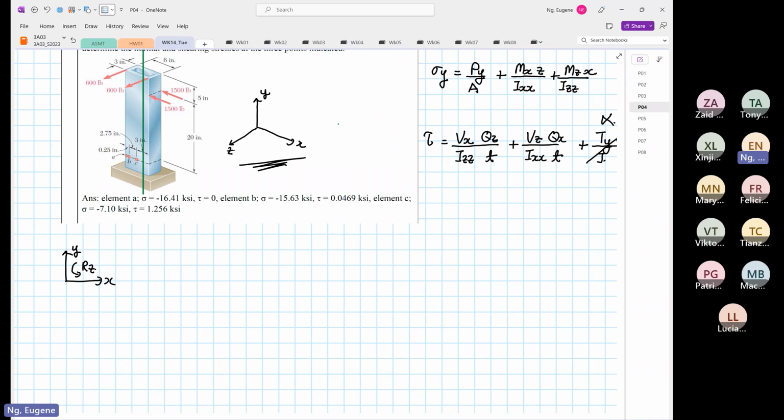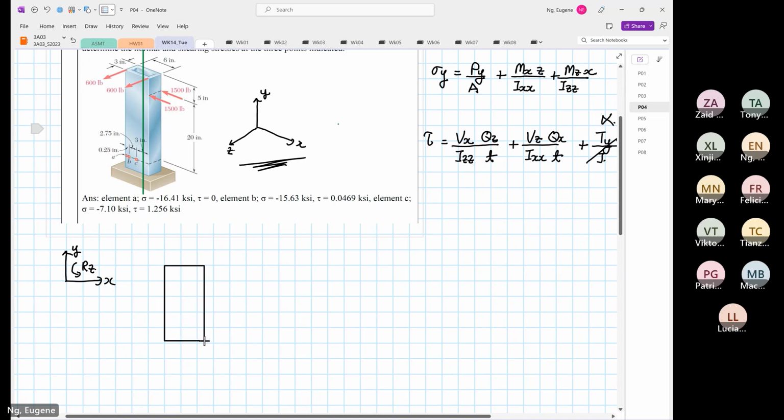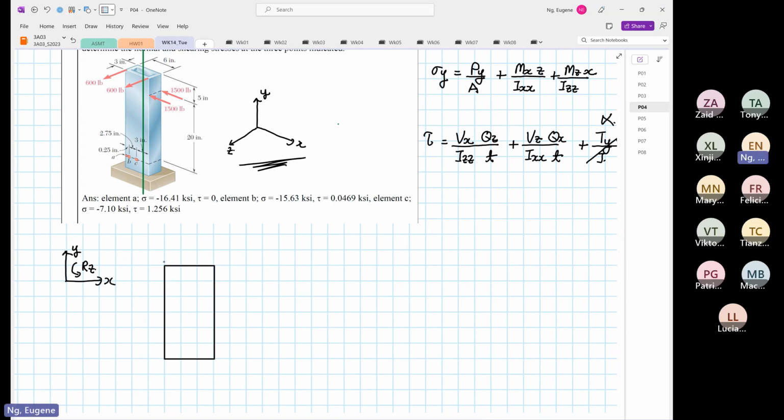So I'm viewing it now as a block, and I have a direction coming towards me.